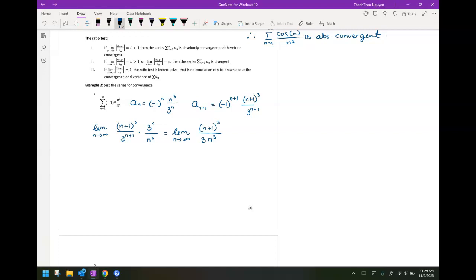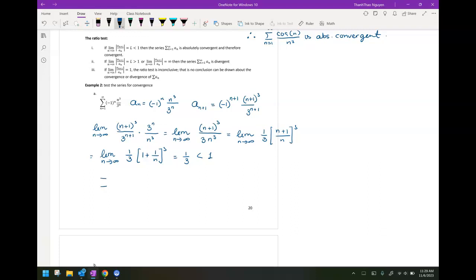So this means I'm looking at the limit as n approaches infinity of 1/3 times n plus 1 divided by n, all to the third. The limit as n approaches infinity of 1/3 times 1 plus 1 over n, all to the third. So this is equal to 1/3, less than 1.